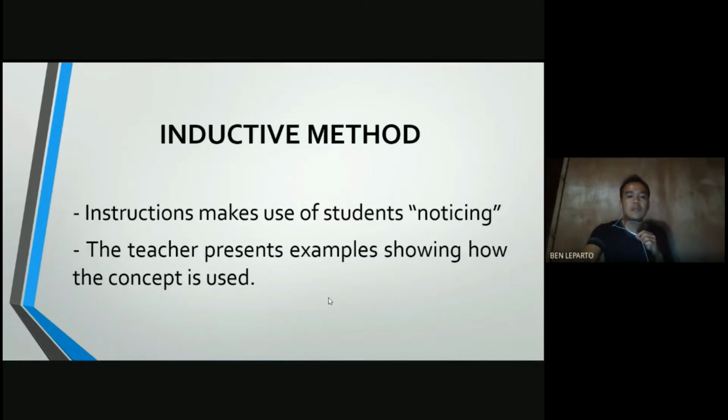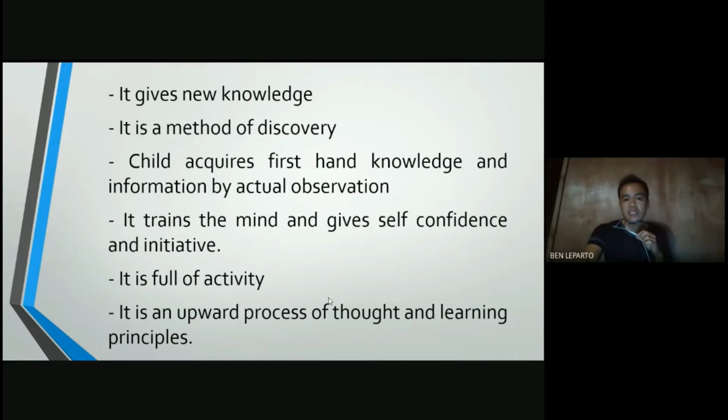In the inductive method, it gives new knowledge. It is a method of discovery. The child acquires first-hand knowledge and information by actual observation. It trains the mind and gives self-confidence and initiative. It is full of activity, and it is an upward process of thought and learning principles.